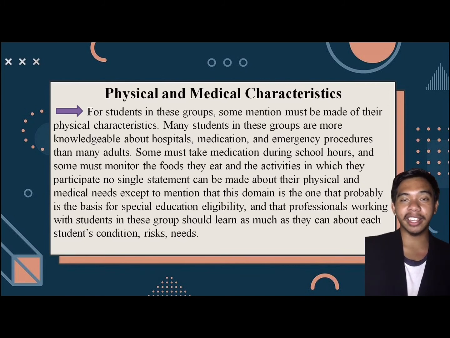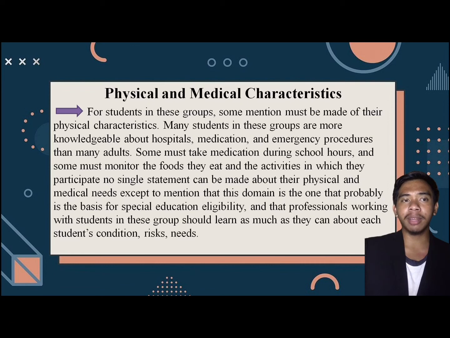For students in these groups, some mention must be made of their physical characteristics. Many students in these groups are more knowledgeable about hospitals, medication, and emergency procedures than many adults. Some must take medication during school hours, and some must monitor the foods they eat and the activities in which they participate.